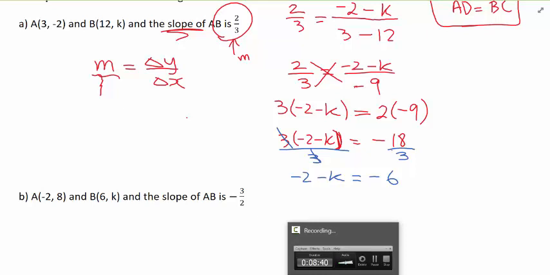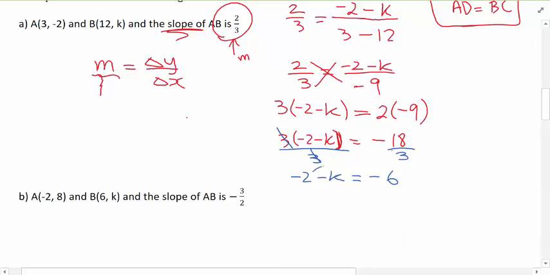Is everyone okay so far? Okay, now what do you do? Bring the negative 2 over.